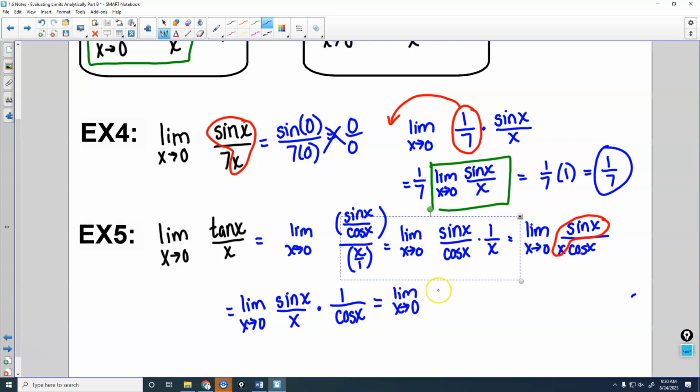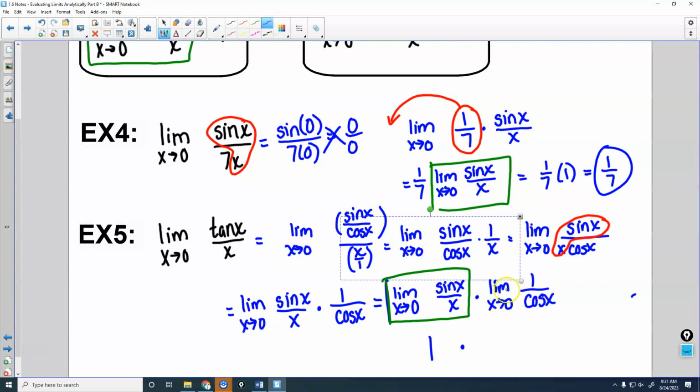Limit as x approaches 0 of sine x over x times the limit as x approaches 0 of 1 over cosine x. So this stuff right here is the special limit. What does it equal? 1.